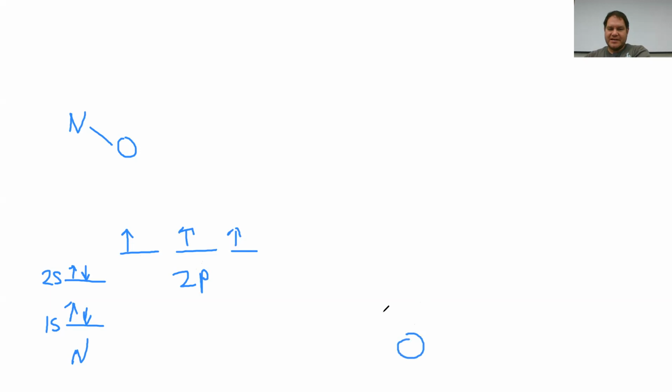Oxygen also has a 1s subshell that is full. We have a 2s subshell that is full. And then it has its 2p subshell.